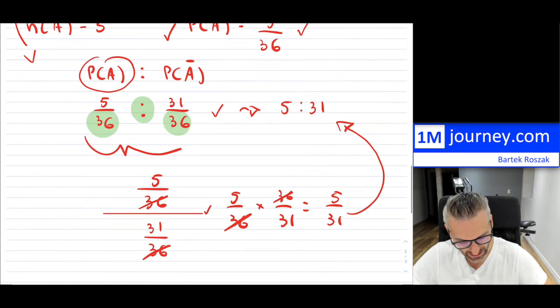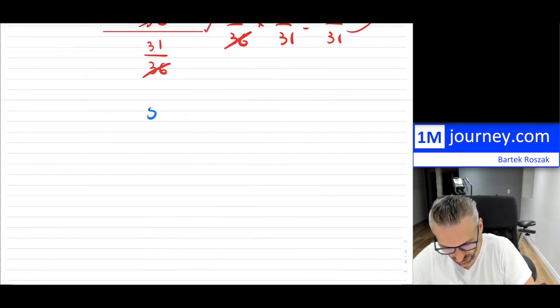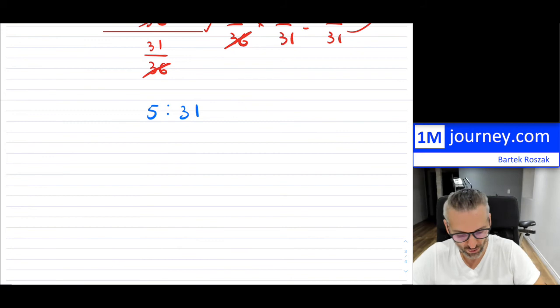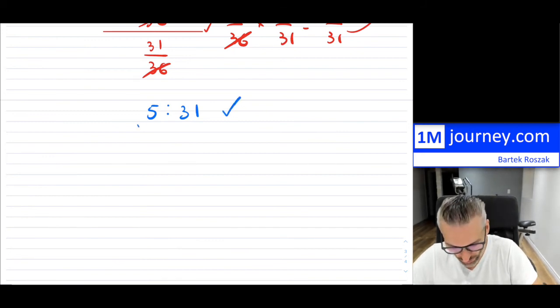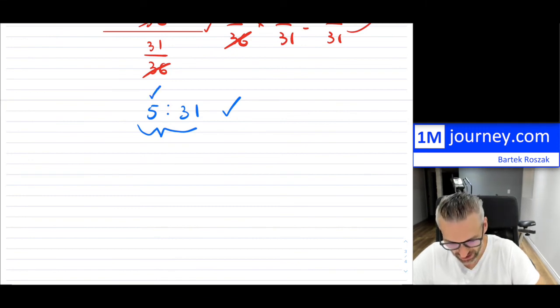Now, if someone gives you the odds, so if instead we would have started and someone said, okay, the odds of event A, in this case, getting a sum of 4 or less when you roll the 2 dice, then these would be the odds. Now, how do you convert this back into a probability? Well, don't forget that this actually is your probability.